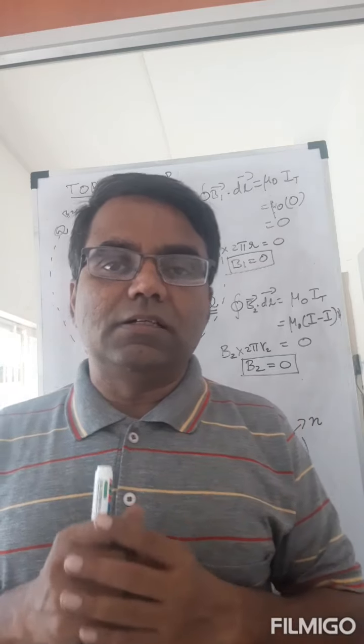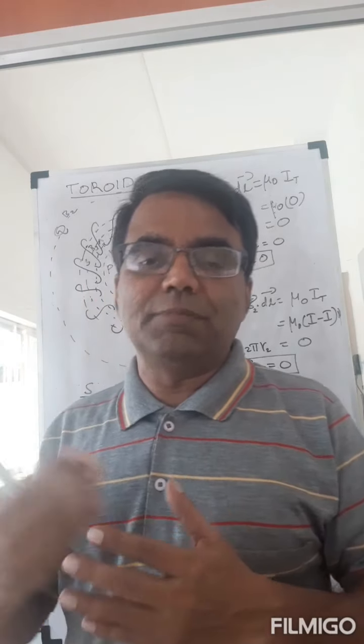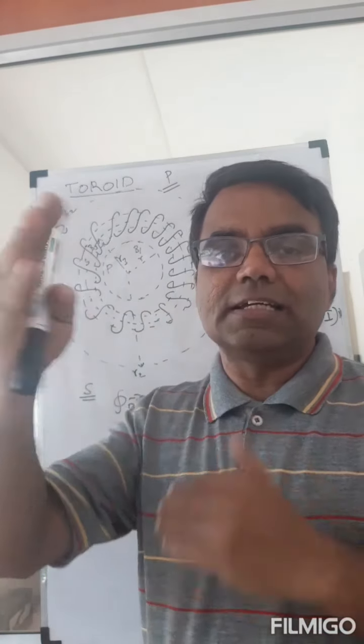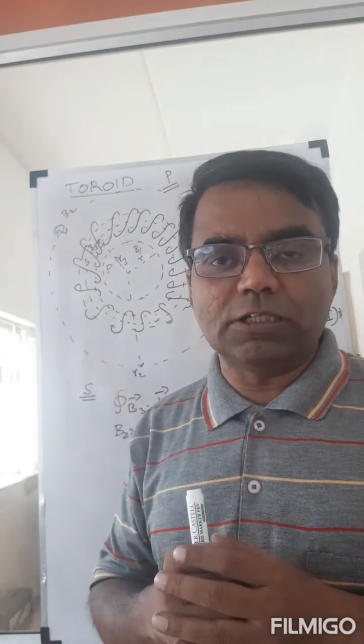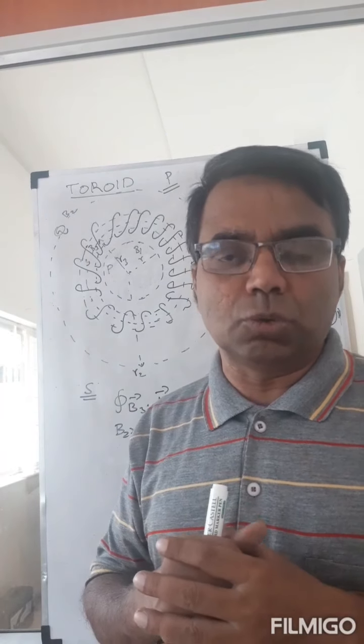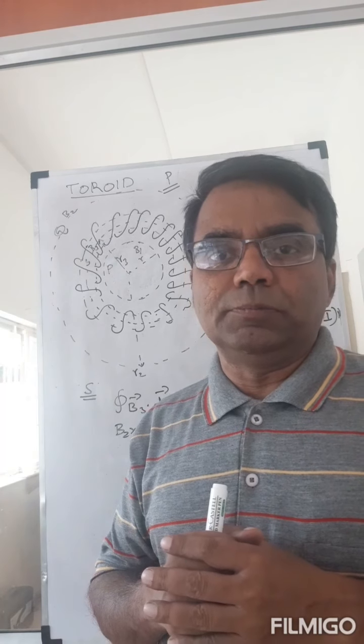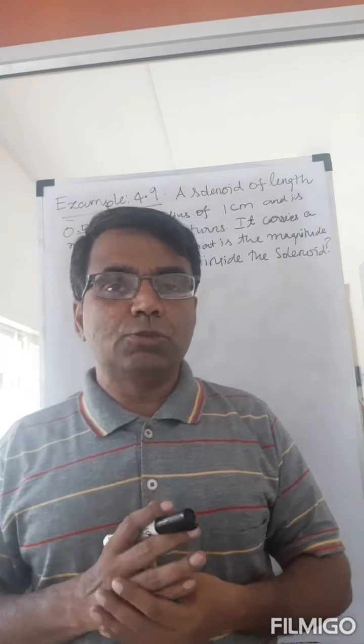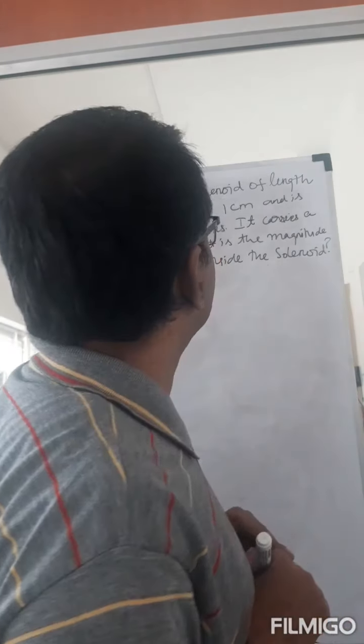And today we have seen the application of Ampere's circuital law to find the magnetic field inside and outside of a solenoid and also a toroid. Hope you understand this. Okay, now we will do example 4.9.